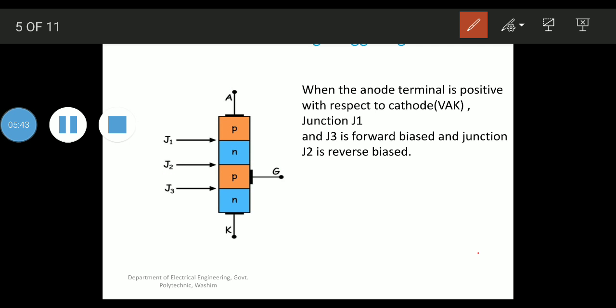That is, if we see the overall condition, the junction J1 is forward biased, junction J2 is reverse biased, and again junction J3 is forward biased.